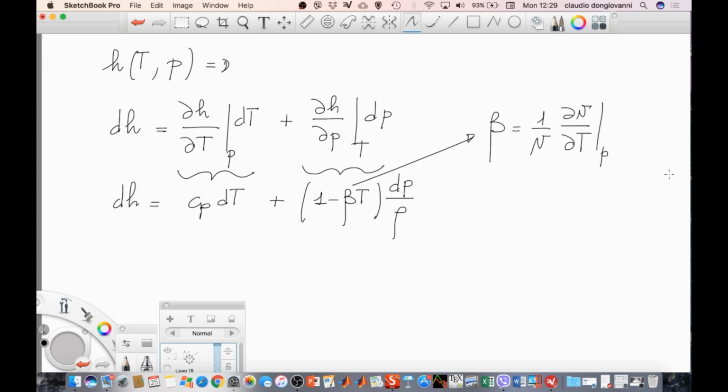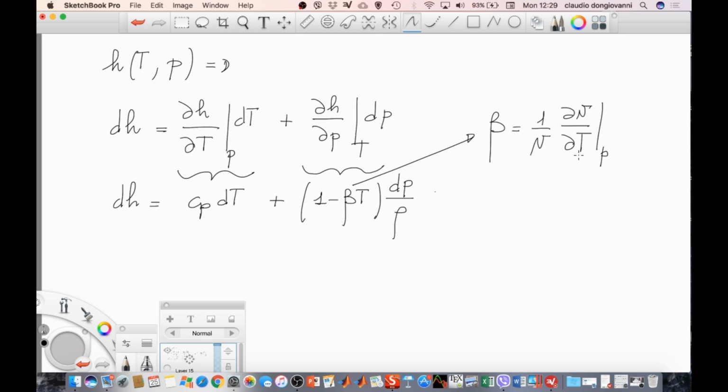So these terms say how our fluid changes its volume by changing the temperature at constant pressure.